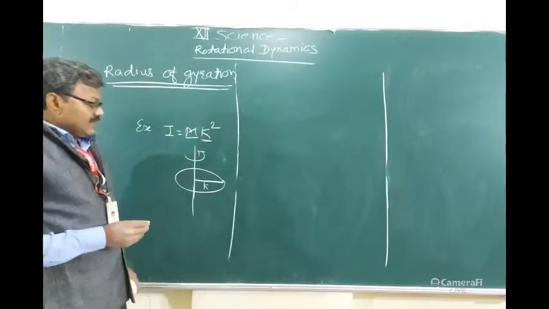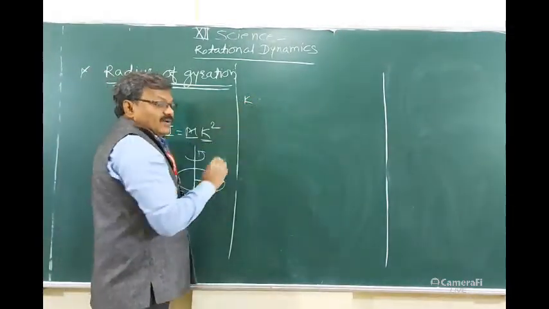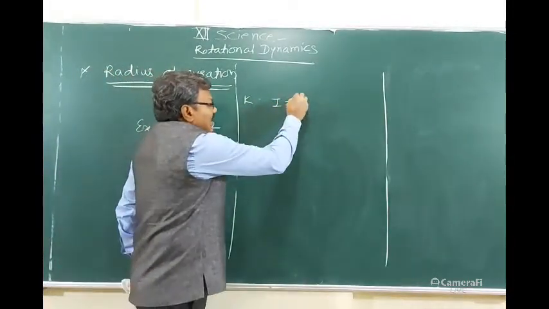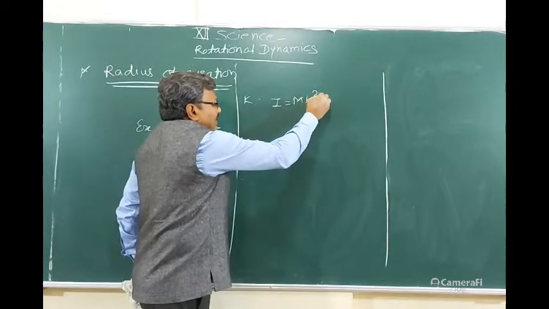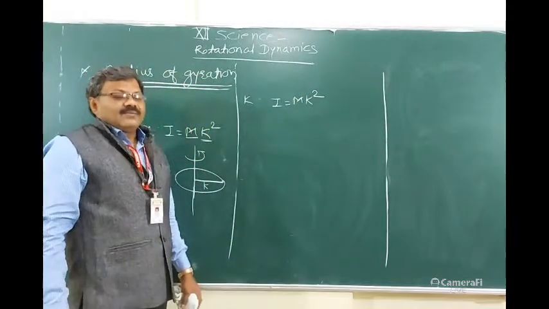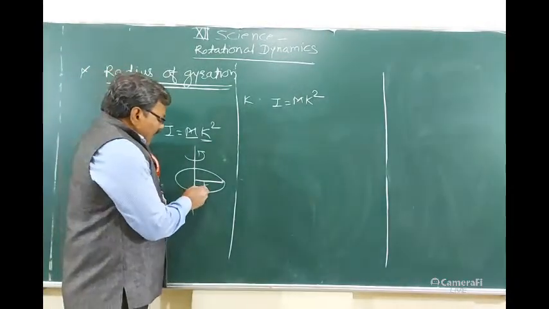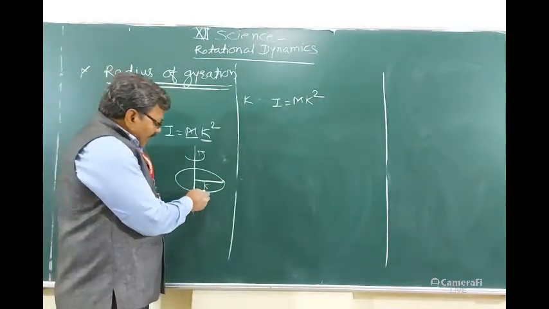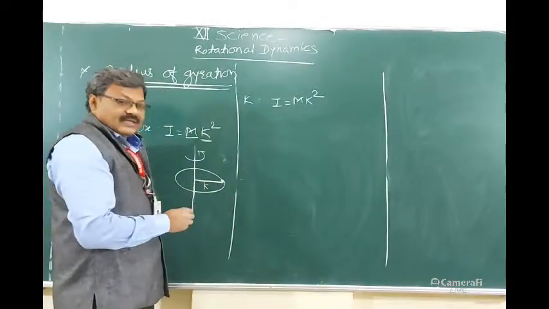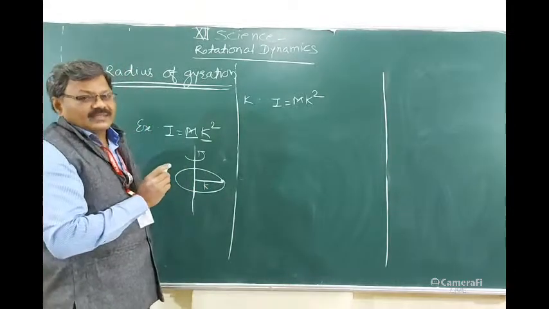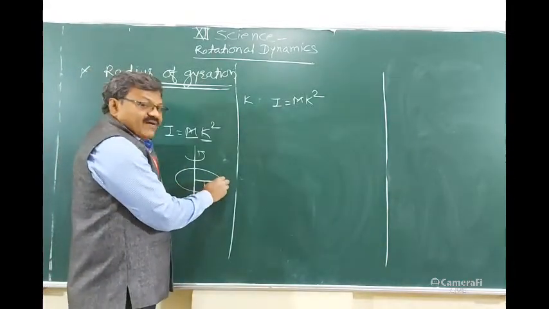In other words, if k is the radius of gyration, then the moment of inertia of the body is I equals mk squared. Also, it shows that when k is larger, mass is away from the axis of rotation, or mass is farther.